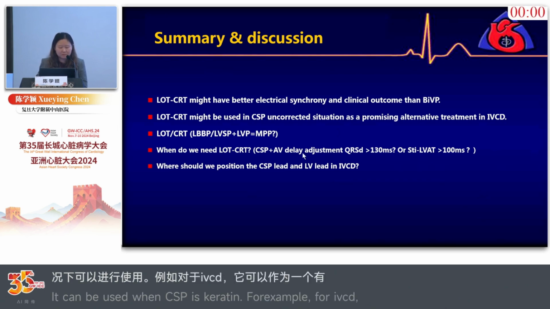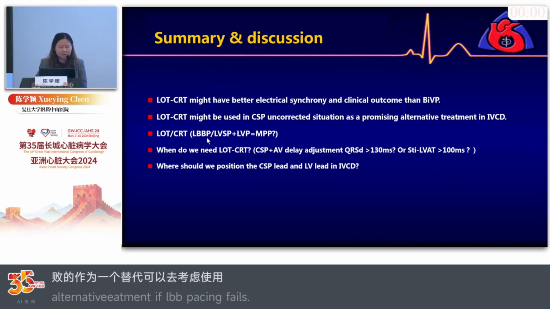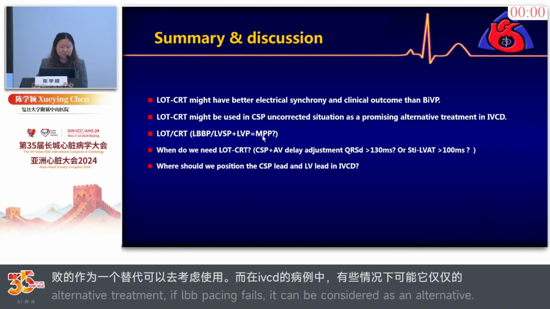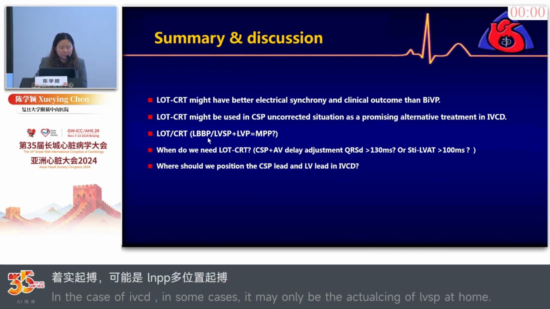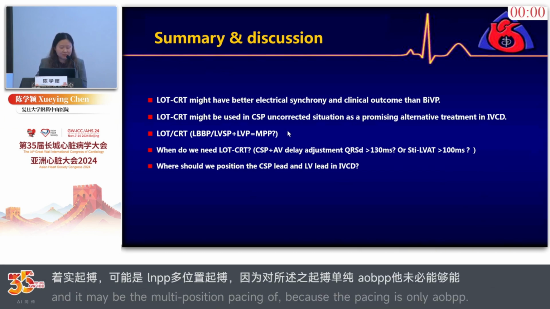And in these IVCD cases, LoT-CRT may be just LVSP plus LV pacing. It's maybe just like what we call multiple site pacing, like MPP or MSP, because LBB pacing alone cannot achieve complete electrical synchrony in IVCD cases.